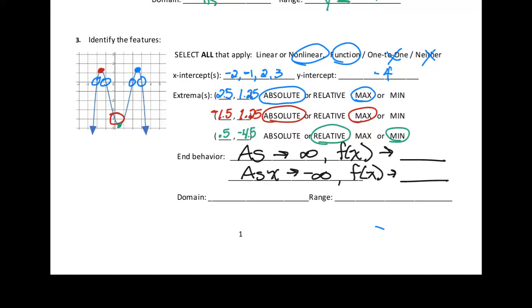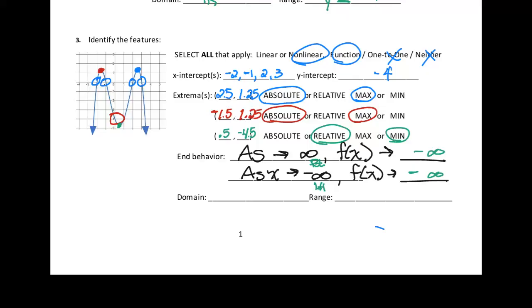All right. So end behavior. As x is going to positive infinity, that is to the right, my graph is going, as you go to the right, look at your graph, right? It's going to negative infinity. And as x goes to negative infinity, that's going to the left, the graph goes to negative infinity.